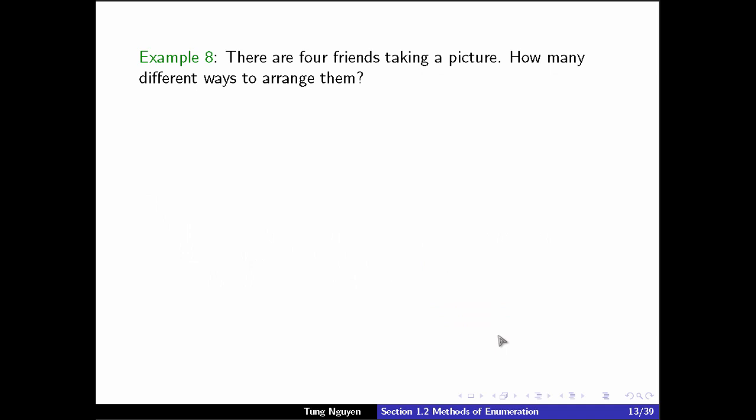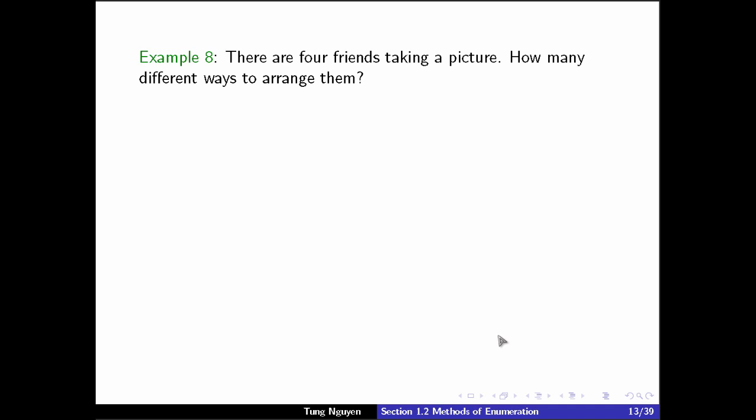Now we look at another example. We have 4 friends taking a picture, and how many different ways can we arrange them? Think of this as 4 empty slots, and we need to fill in these slots. We first fill in the first slot, and to do that we have 4 choices.